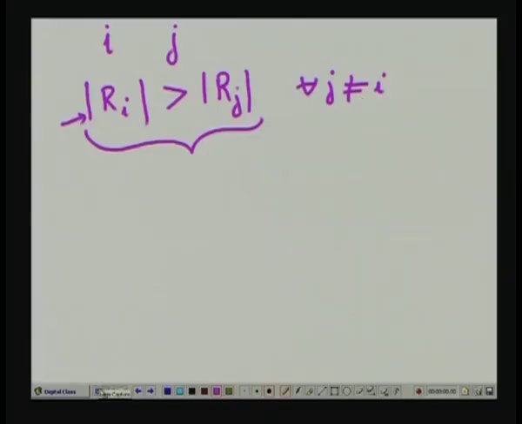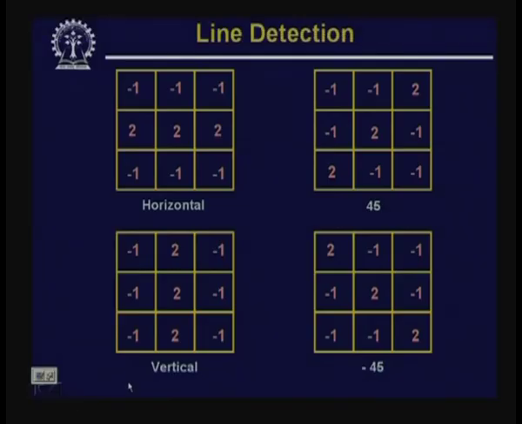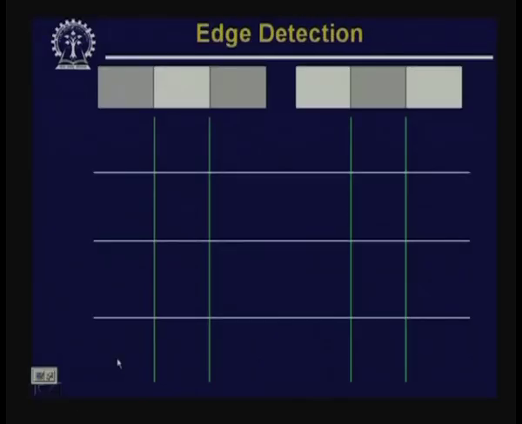An edge is nothing but a boundary between 2 regions having distinct intensity levels or distinct gray levels. These 2 regions have distinct intensity levels, as shown in this particular slide.